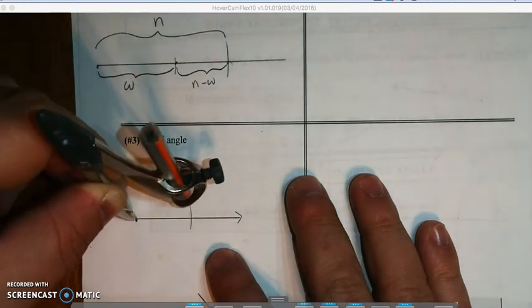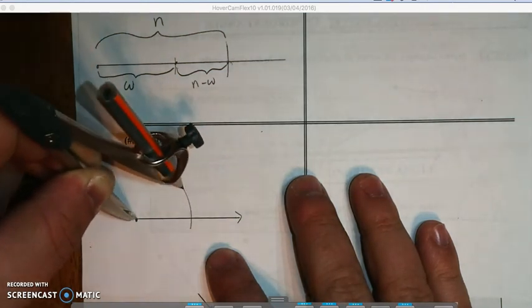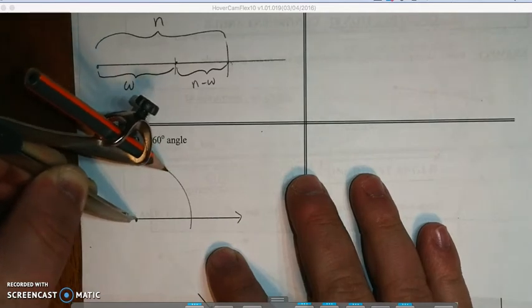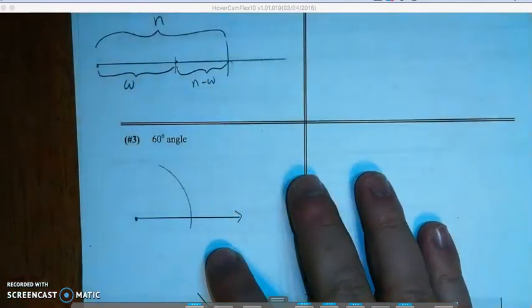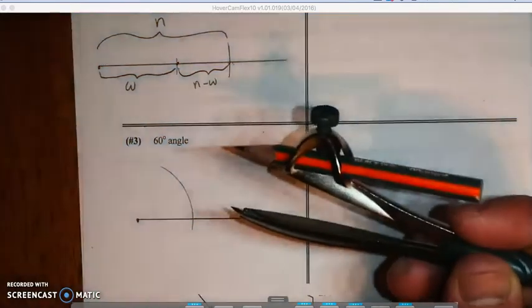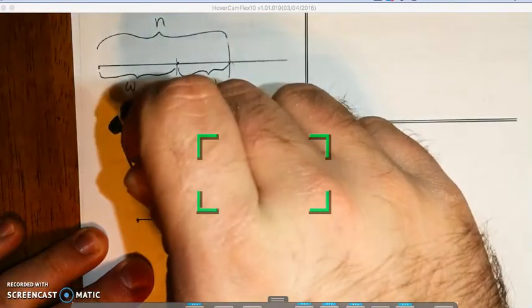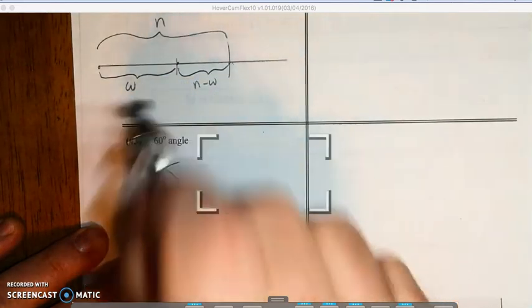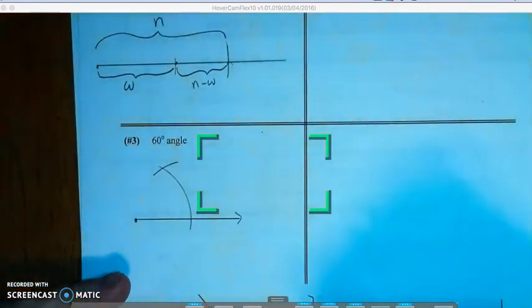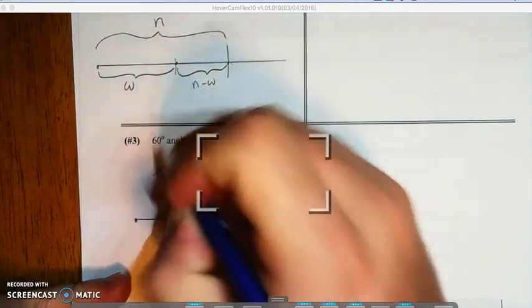So what we will do is draw an arc all the way around. And then we go to the other point, keeping our compass the same. We come down here, and we draw an arc. And these arcs cross at a point up here.